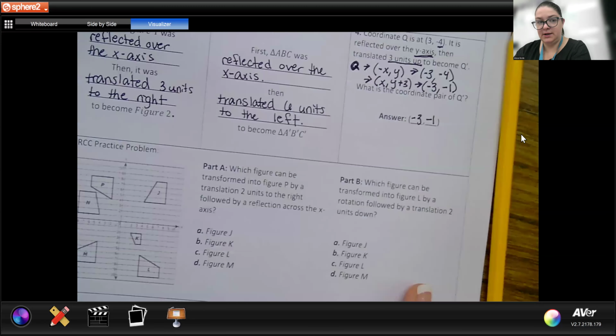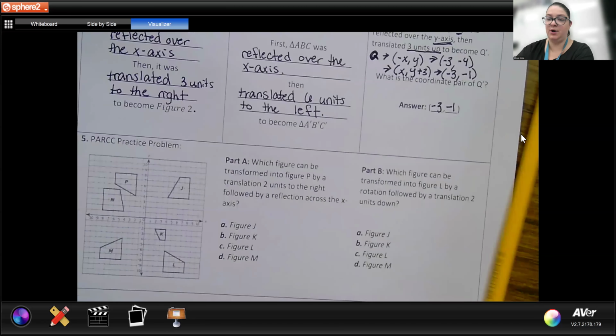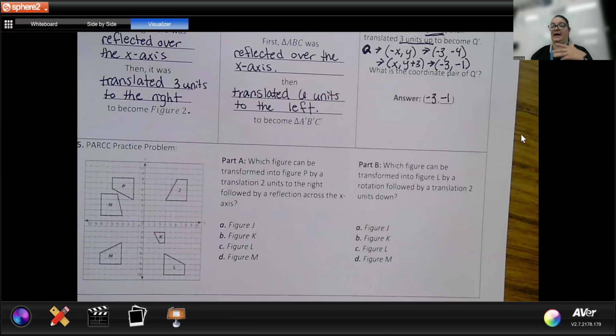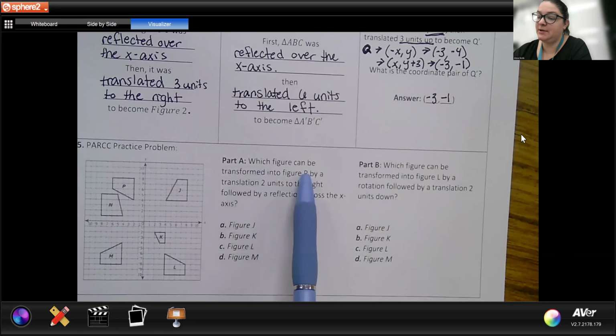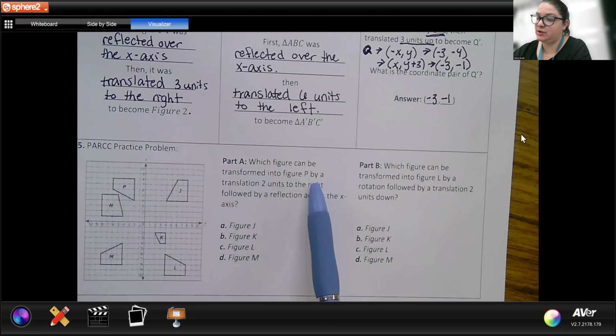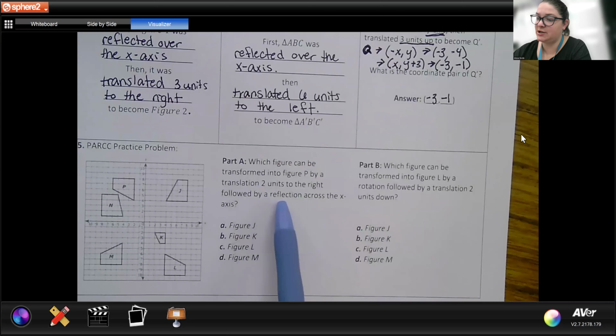Okay. So here is a PARCC practice problem. PARCC is the test we used to take before MCAT, but basically it's the same level as an MCAT practice problem. It says which figure can be transformed into figure P, so figure P is this one, by a translation 2 units to the right, followed by a reflection across the x-axis.